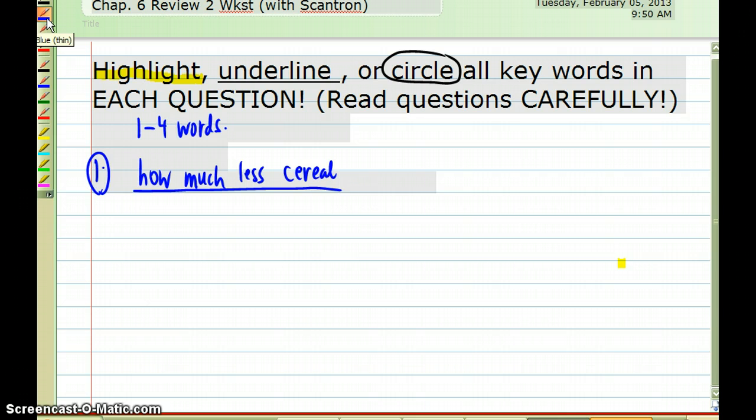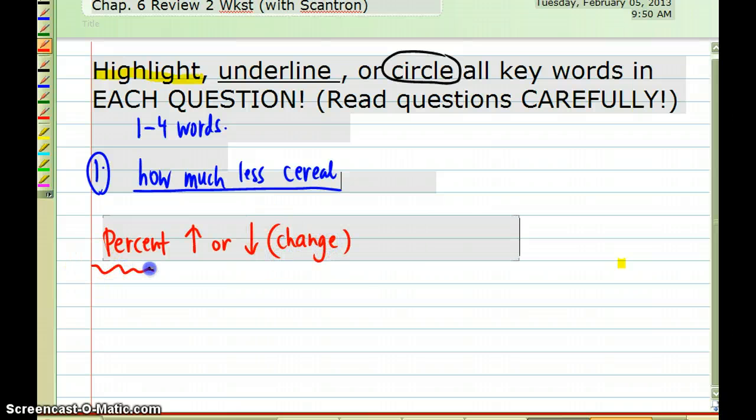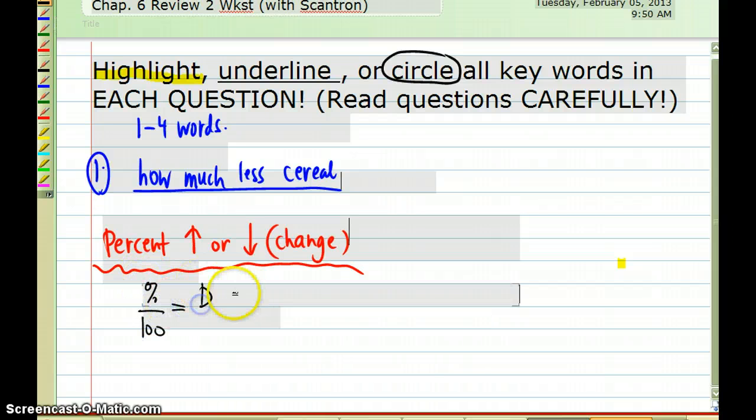Now, before I begin, I want to give you a few proportions and methods of setting up your question, just to review a little bit. First of all, if you see a question that is asking for a percent of increase or decrease, a percent and anything that's changing, you must use this proportion: percent over 100 equals D, which stands for difference, over O, standing for original.